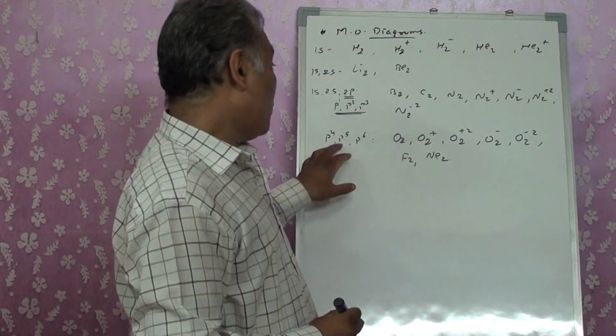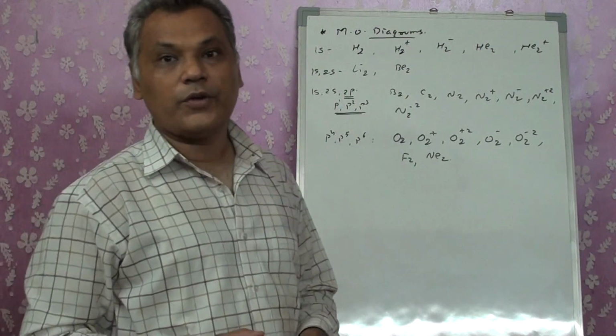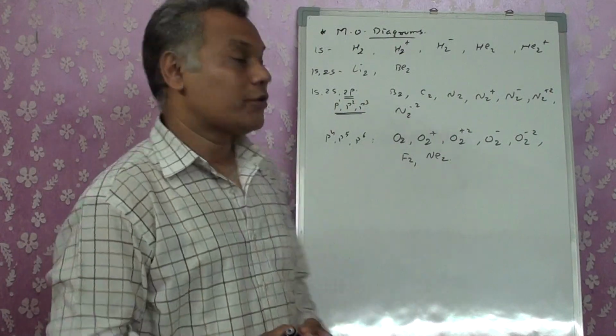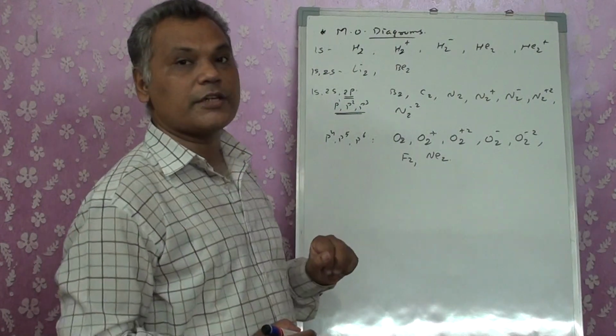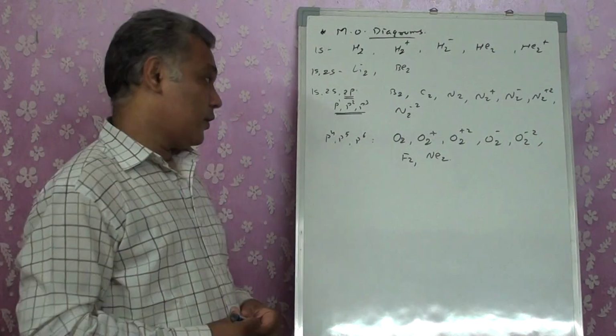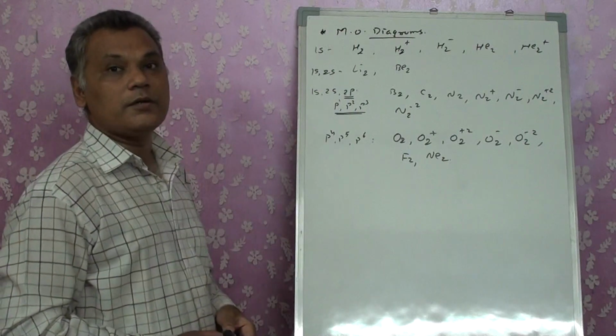For oxygen, the atomic configuration is 1s2, 2s2, 2p4. That means the pairing of electrons has started. So 2p4, 2p5, 2p6. We have this many components to be studied.